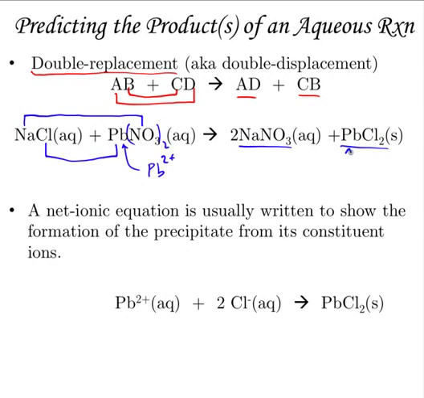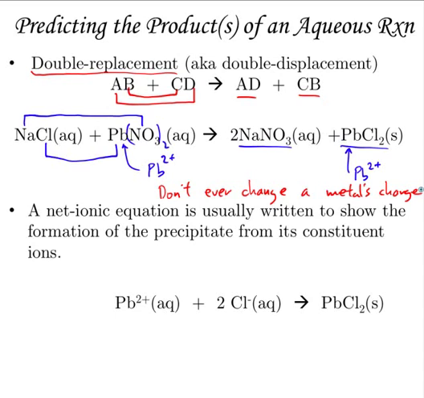And so here in the product side, it's going to remain lead 2 plus. So please do not ever change a metal's charge in a double displacement reaction. So lead 2 plus is going to remain lead 2 plus. That's why it's PbCl2 and not just PbCl, for example.